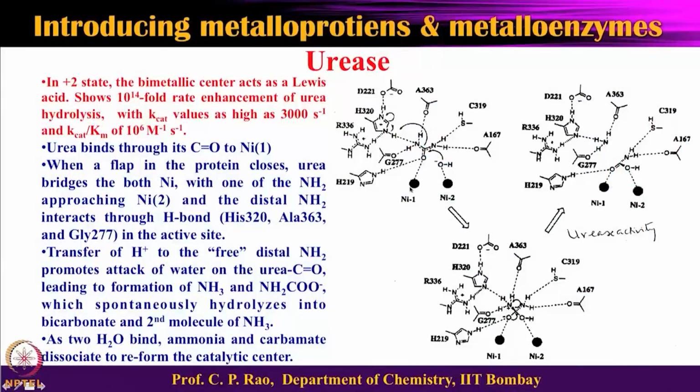Okay. So, we take these two dark spots as the nickel 1 and nickel 2 centers, and when the urea approaches this enzyme, it is directed towards this particular region called the catalytic site, where the nickel centers are there. Some of the protein moieties, as you can see, are in an open form.